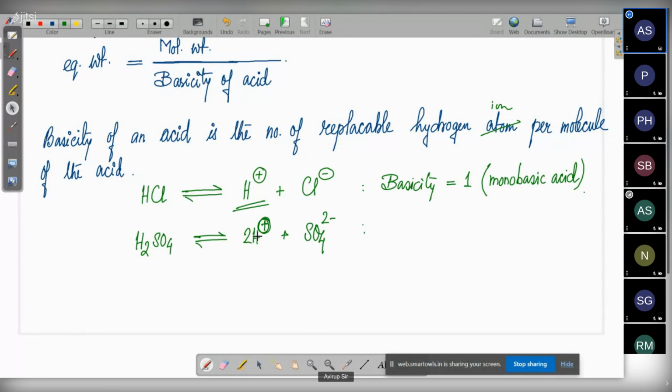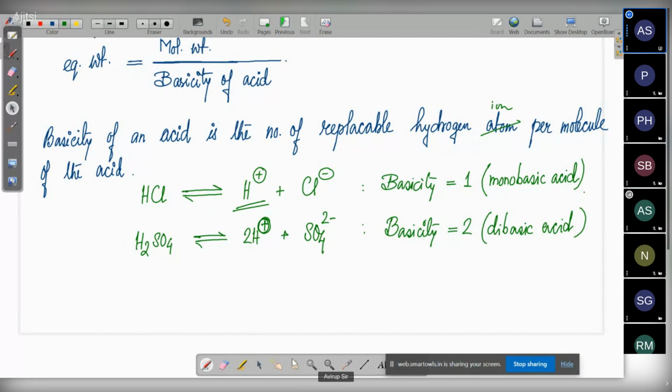So that is why the basicity is equal to 2, and this is a dibasic acid. Basicity is basically how many replaceable hydrogen, meaning how many H plus ions the acid can produce. Okay. Am I clear to everyone regarding basicity?